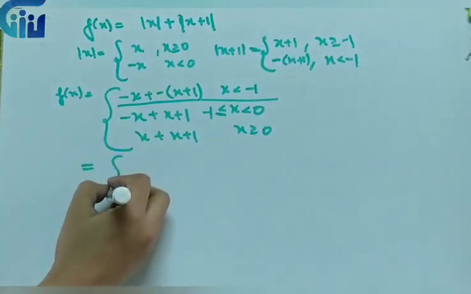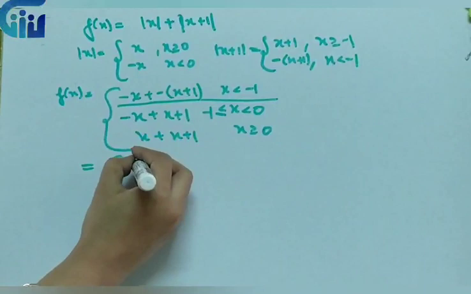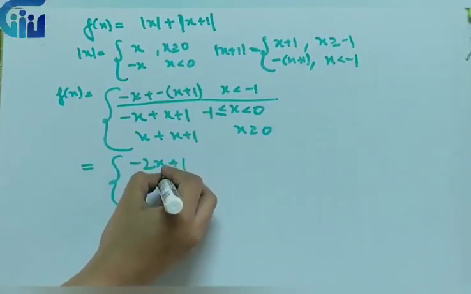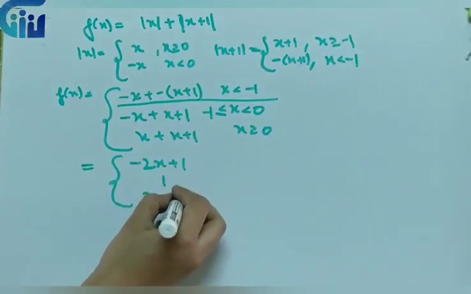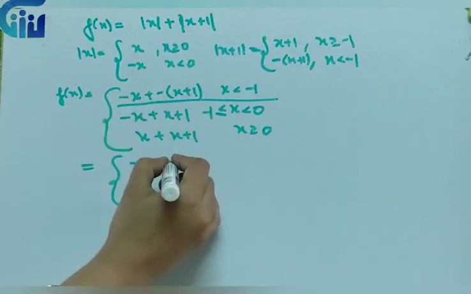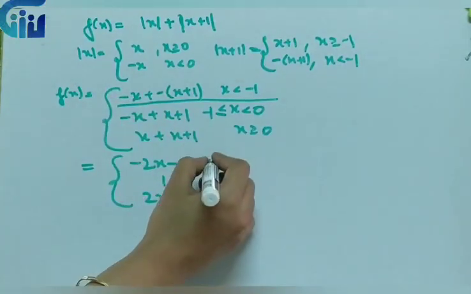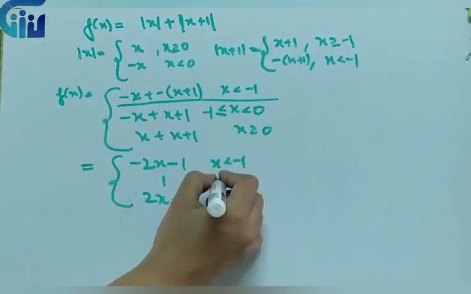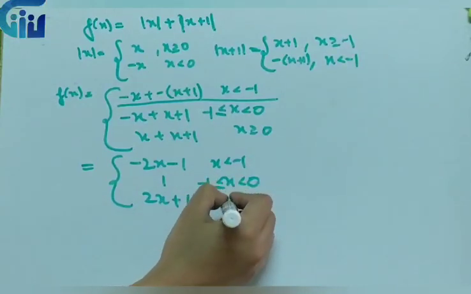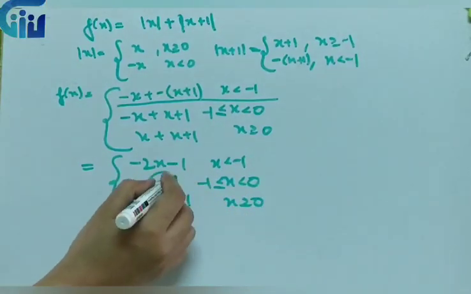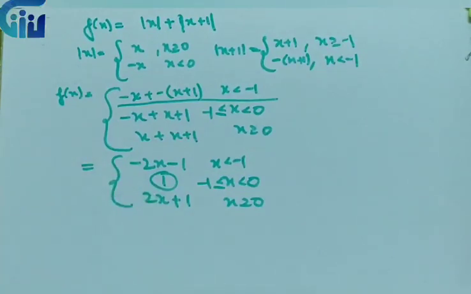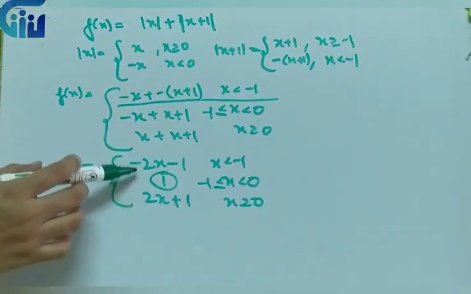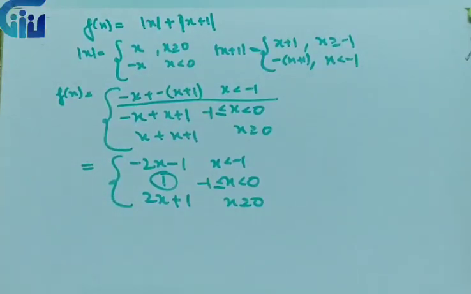Now just see the difference. It will be minus 2x plus 1, this will be 1, and this will be 2x, for x less than minus 1, between minus 1 and 0, and greater than or equal to 0. So over here, what did I tell you? We'll have a constant in between, and these two will be opposite in sign and in terms of a variable.